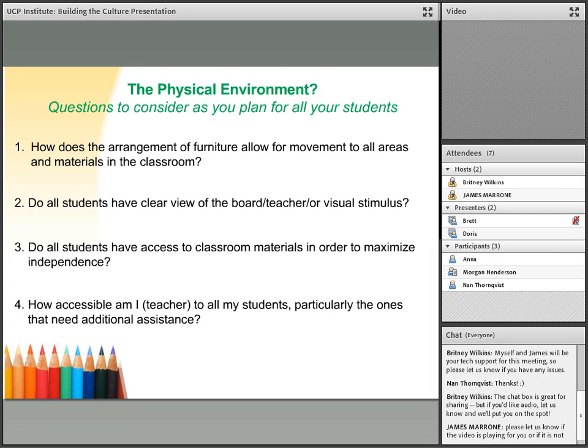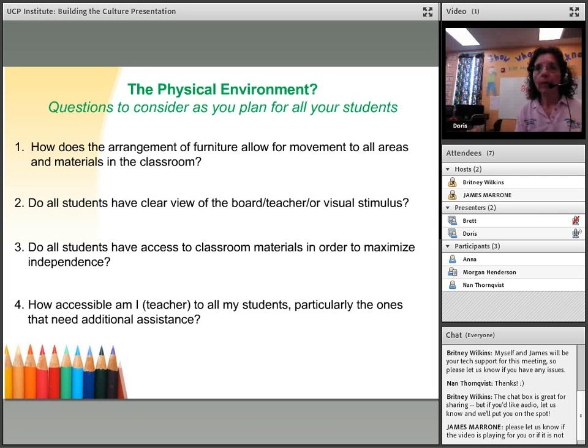So, as I look at my classroom in August and throughout the year, because this is a constant thing that moves, the furniture and things, I say, how does the arrangement of my furniture allow the movement to all areas and all materials in the classroom?